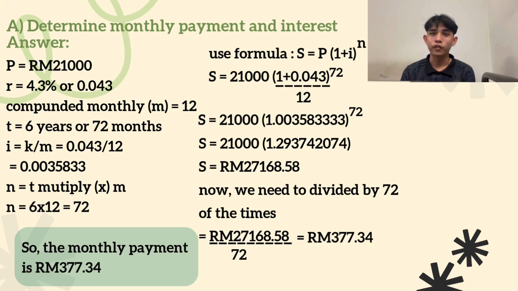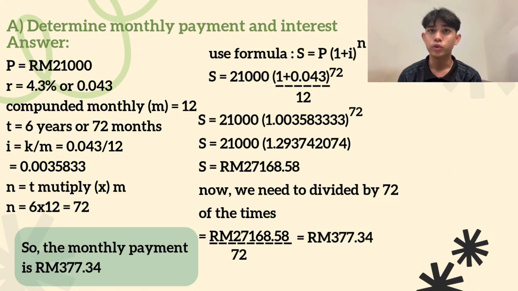First of all, we want to determine the monthly payment. We need to use the formula S equals P times 1 plus i, to the power of n. So S equals 21,000 ringgit, in bracket 1 plus 0.043 over 12, power of 72.